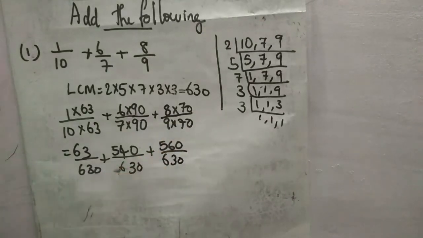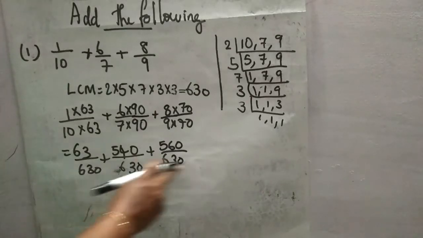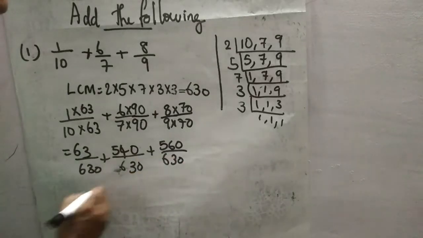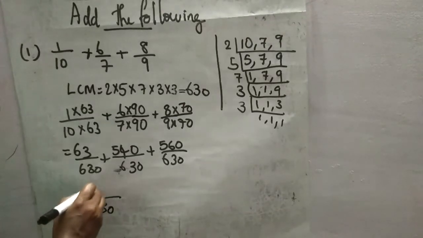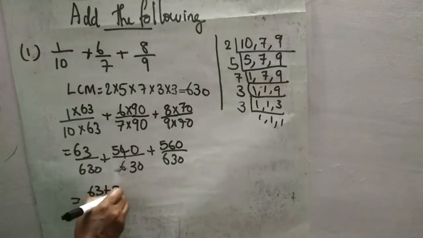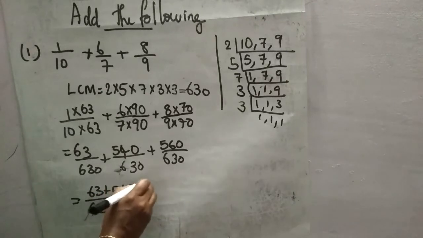Now the denominators are same. So it is like fraction. Now we can add the numerators and write the denominator same. So add the numerators 63 plus 540 plus 560.